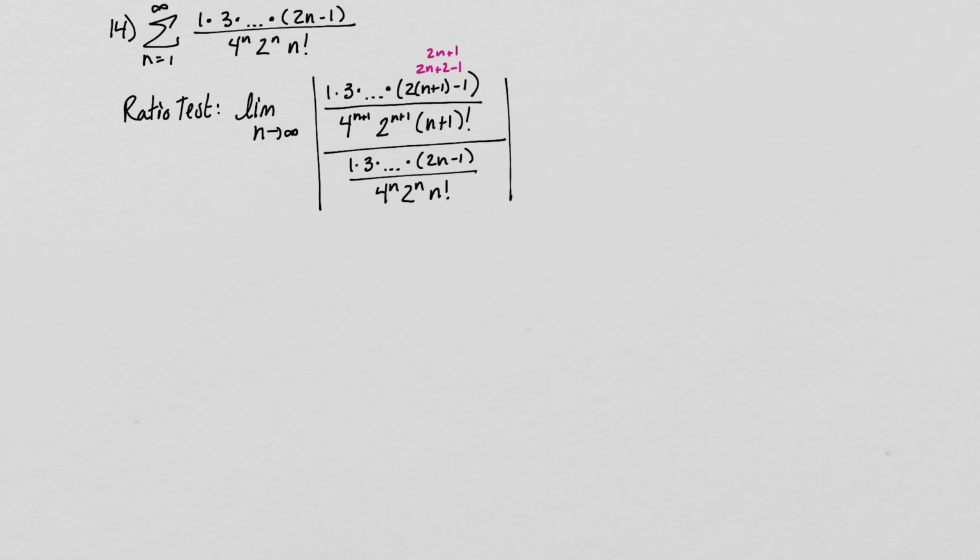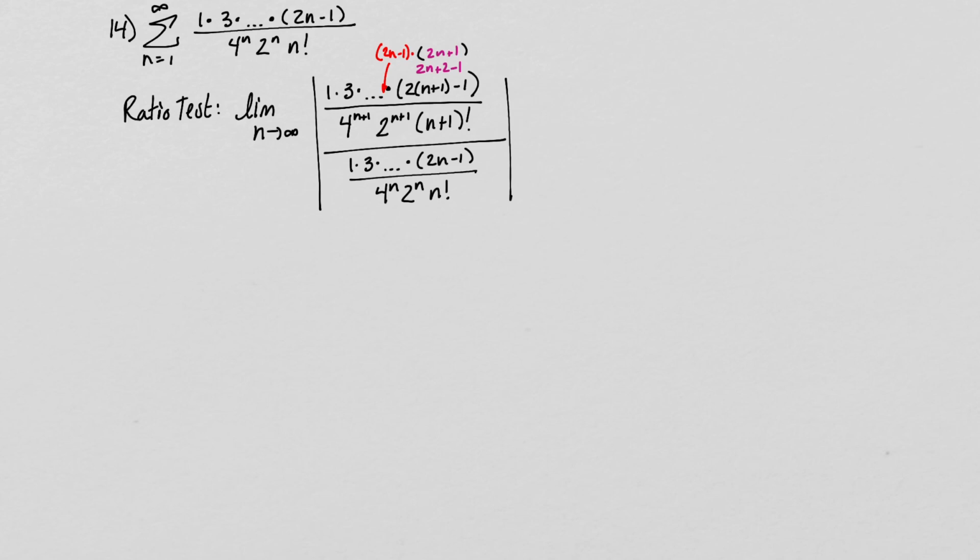So every time you do an odd number, you keep adding 2. So the number right before the 2n plus 1 would be 2n minus 1, because we just keep adding 2 as we move along the odd numbers. That's going to become important here in a second.